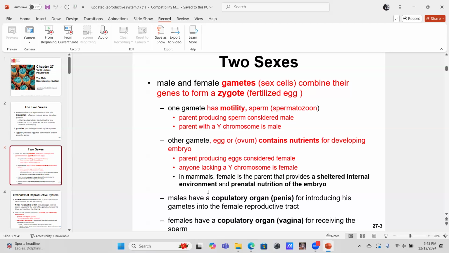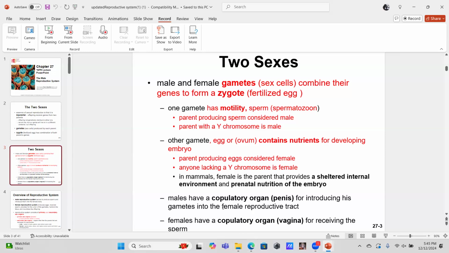As males, we produce both X and Y chromosome sperm cells. We have a 50-50 mix of X and Y chromosome sperm cells. Females only have eggs that contain X chromosomes. So inherently, the sex of the baby will depend on whether it's an X chromosome sperm or the Y chromosome sperm that fertilizes that egg.